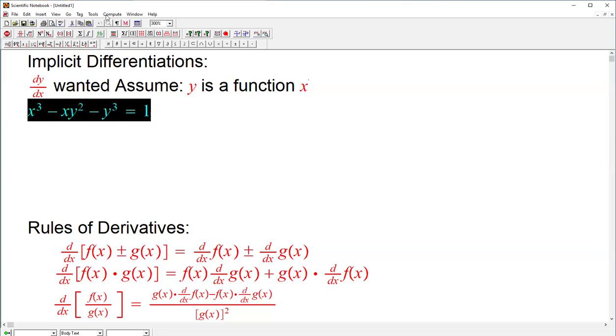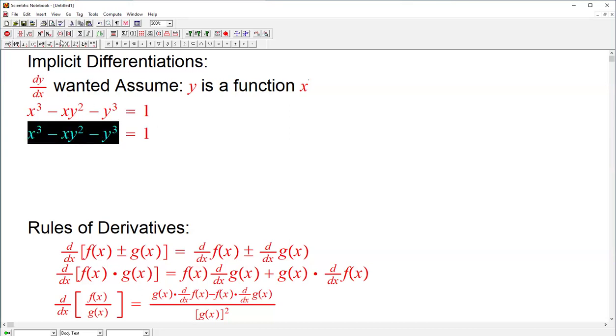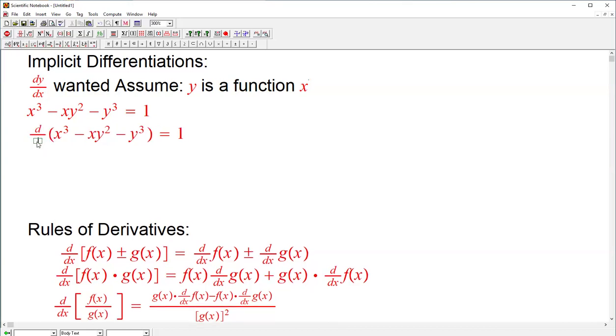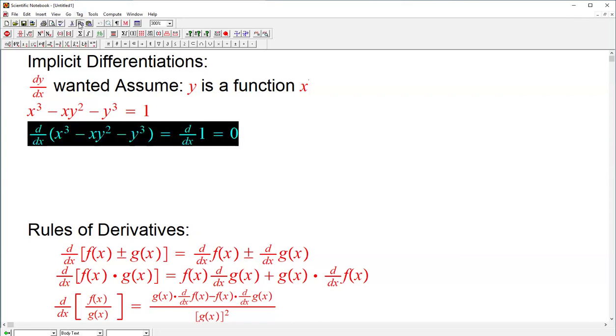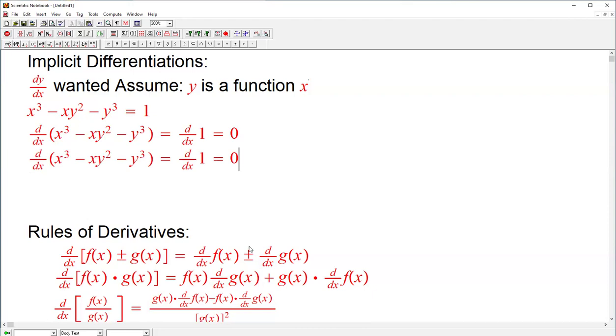So we're going to take a derivative on both sides, differentiating with respect to the same variable on each side. The derivative with respect to x of a constant is going to be 0. On the other side, we got 3 terms.